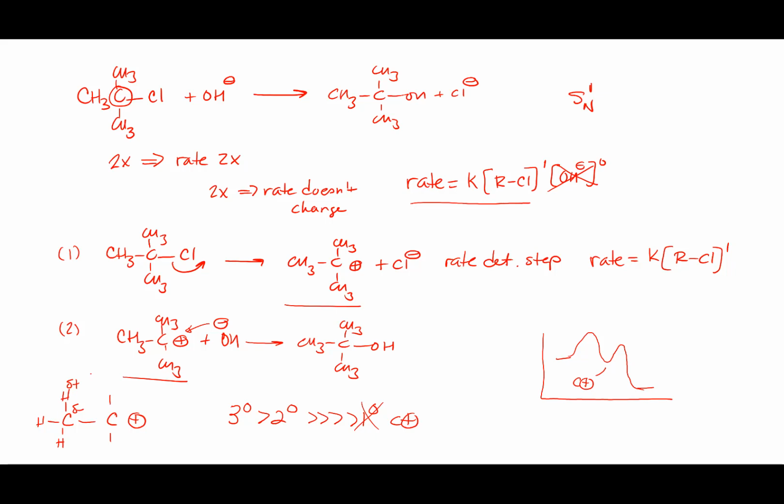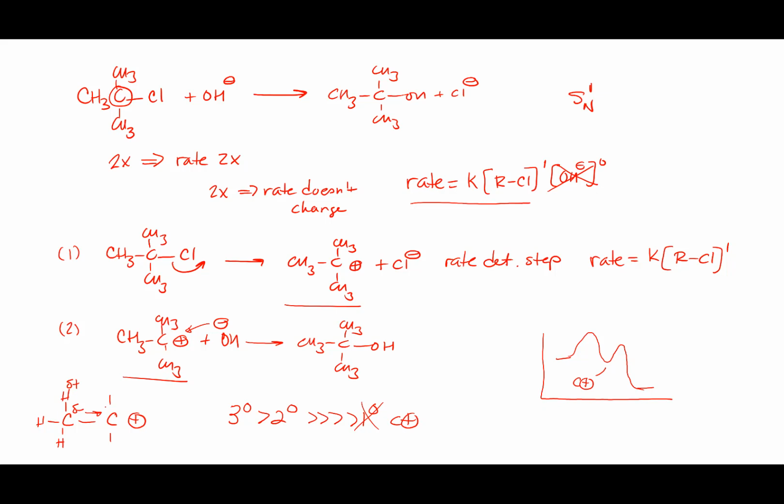And what it can do is push some of that electron density into the carbocation. So the carbocation isn't necessarily sitting at 6 electrons, it might be sitting at 6.2 for every methyl group that's attached. Well, if you want to make that carbocation the most stable, attach the most methyl groups to it.